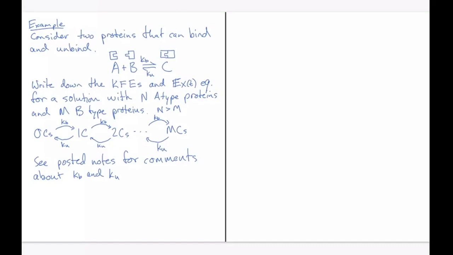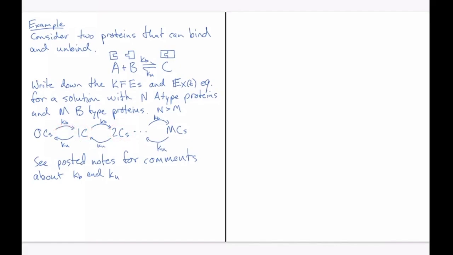Okay, it doesn't really change anything, but just for being able to work with specific cases, let's assume that N is greater than M. If you write it down in a slightly different way and you realize that M is bigger than N, then you just swap them in this calculation. All right, so we could have 0 C's at the beginning, but then with some binding happening, we could get 1 C or 2 C's.